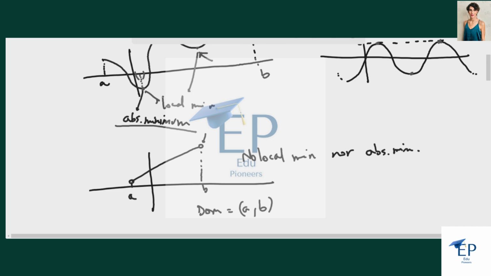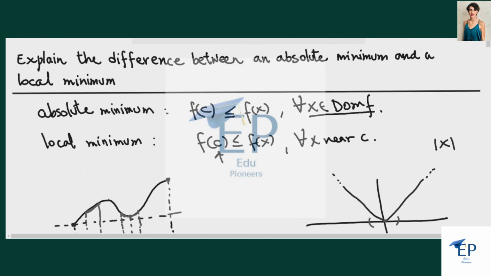So in summary, the absolute minimum of a function is a value c in the domain of the function for which the image of that value is less than or equal to all the other images of all the points in the domain of the function. And a local minimum refers to the smallest value of the function, but not in the whole domain, but near the value c.